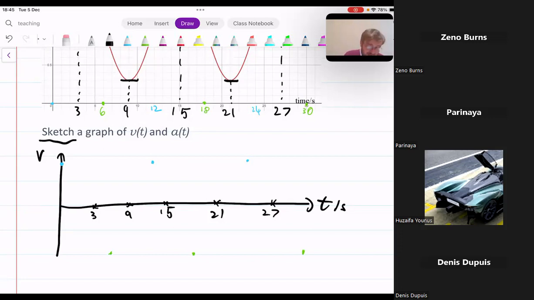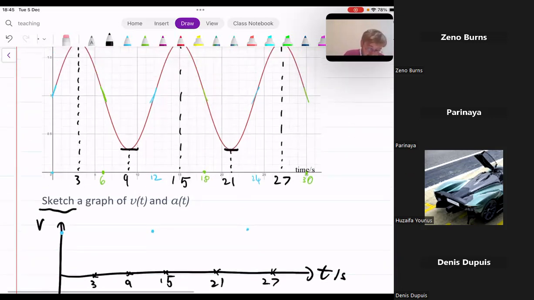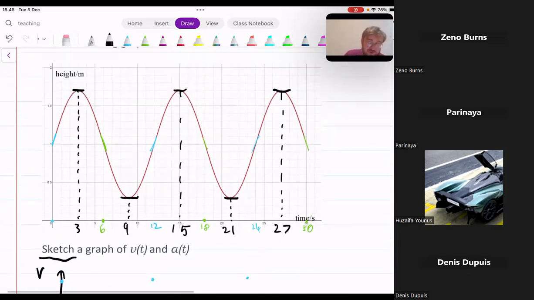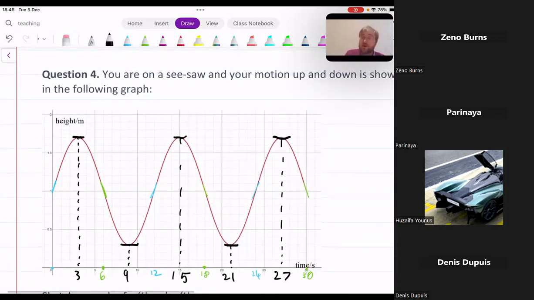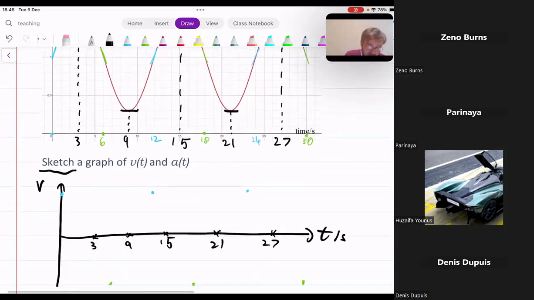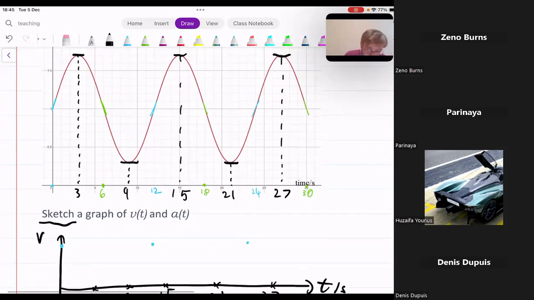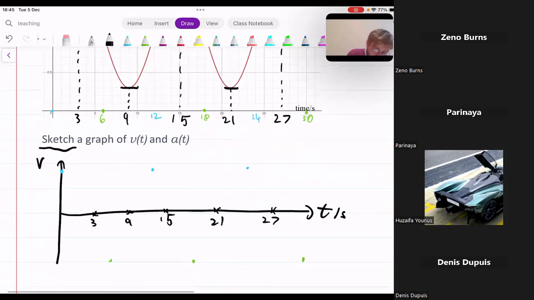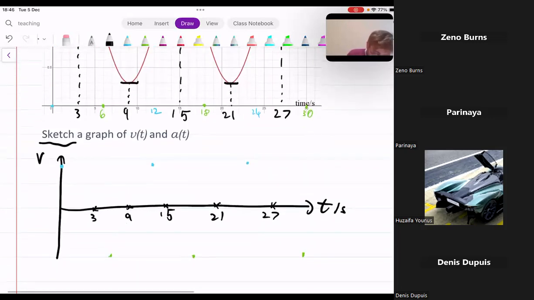And finally, we connect these up. If you do calculus, you'll see that this becomes a cosine graph. But for us, we don't necessarily need to know all of that detail. All we need to know is to be able to draw this. Do we see that the velocity changes gradually? And so when we do this, we're going to draw the graph smoothly.